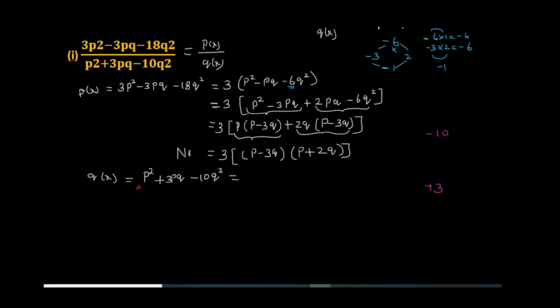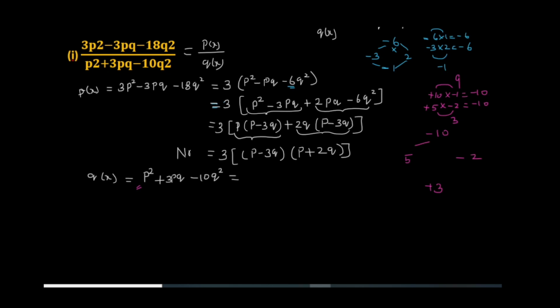So let's see the factors of 10. Plus 3 means the greater number should have a plus sign. So plus 10 into minus 1 gives minus 10. Then plus 5 into minus 2 gives minus 10. That's all, two factor pairs. Now the sum of the first pair is plus 9. The sum of the second pair is plus 3. So the proper integers are plus 5 and minus 2.